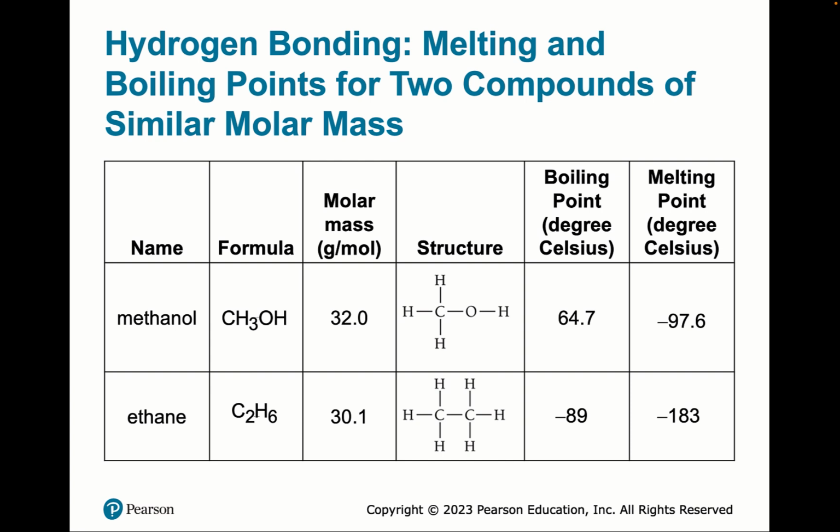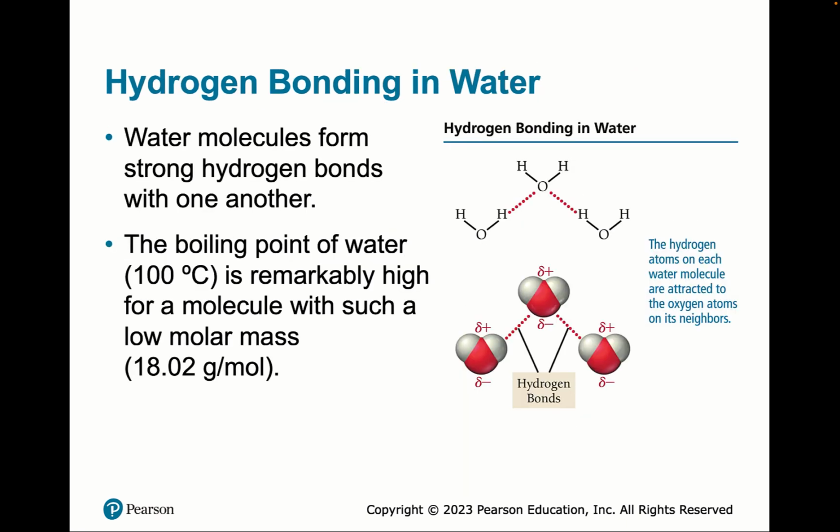If you look here, methanol versus ethane, methanol is slightly more massive, but if you look at the boiling point, it's much, much higher, even higher than formaldehyde. You can see there is a huge difference. So it's a much stronger type of intermolecular force going on here with methanol, and because of this huge difference, we give it its own category, the hydrogen bonds.